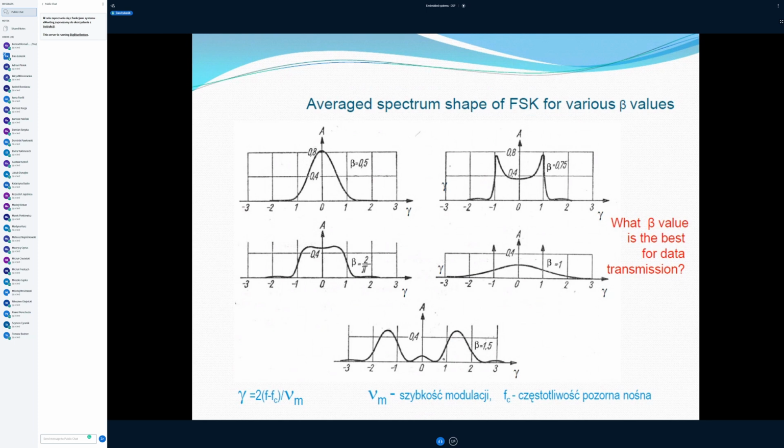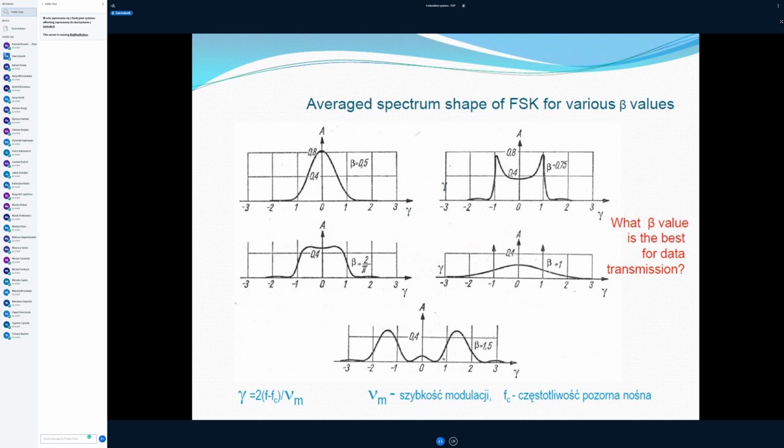But on the other hand, when we have a radio transmission of an analog signal, like for example in transmitting music, if we have a big beta parameter, modulation index, then it'll be easier to represent the changes of the amplitude of the signal by frequency changes.